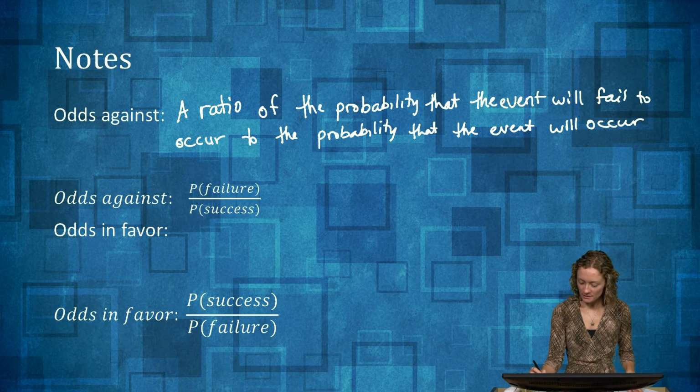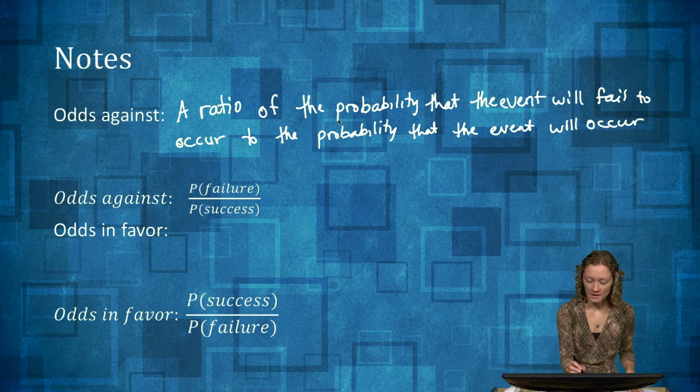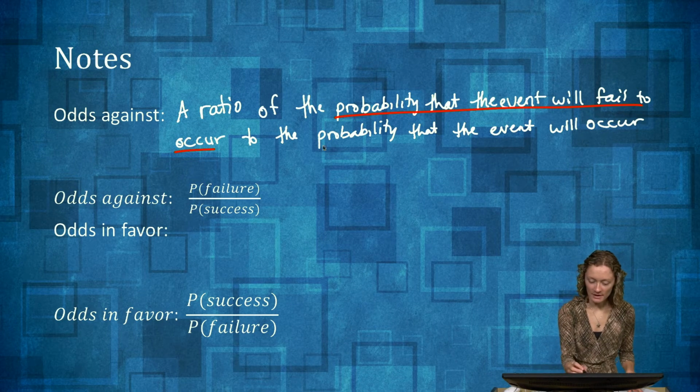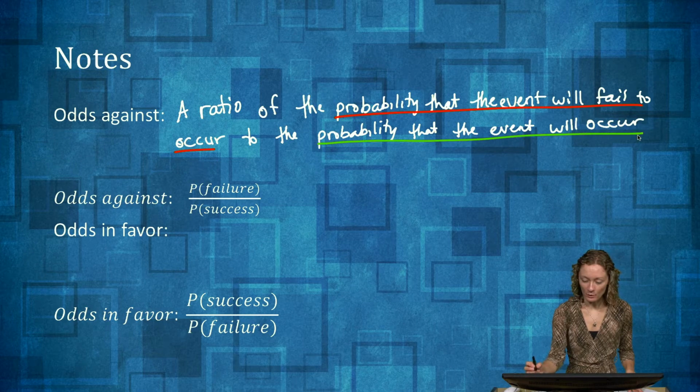Ratio of two things. Probability the event will fail to occur. I'll use red to signify failure, to the probability that the event will occur.